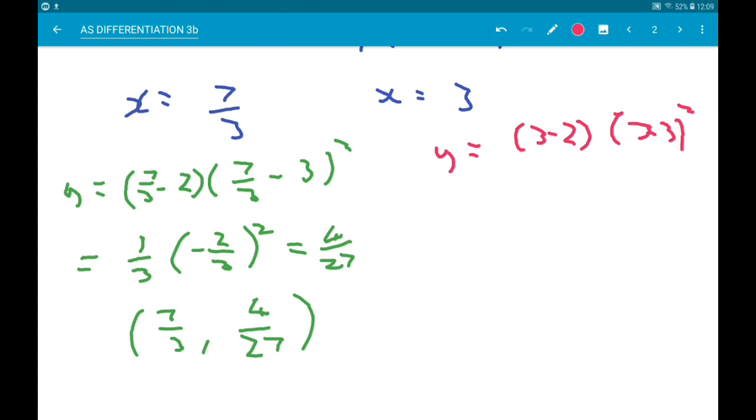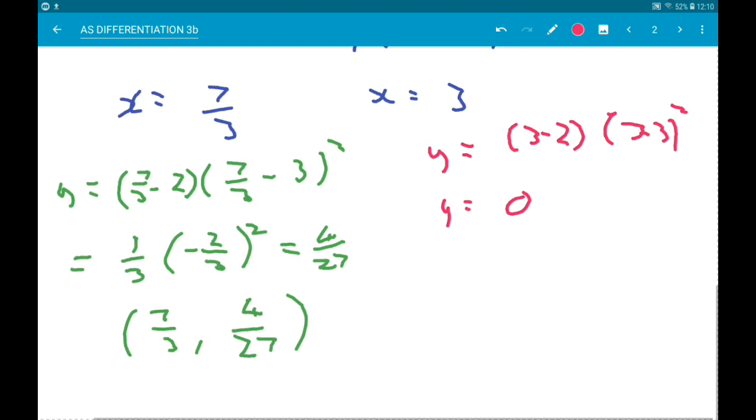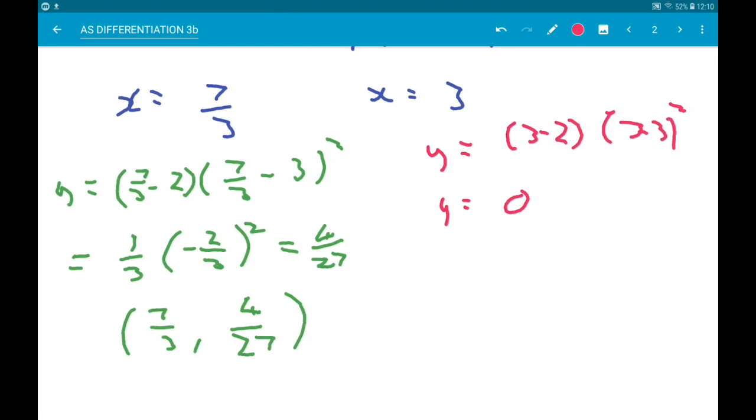So our second bracket is 0, so y is 0. So the second stationary point is at 3, 0. So now we need to determine their nature.